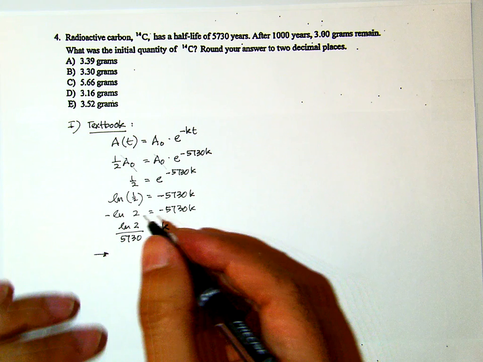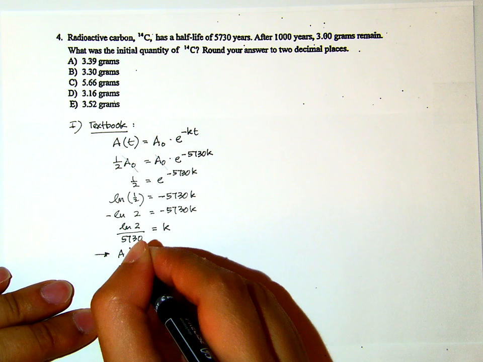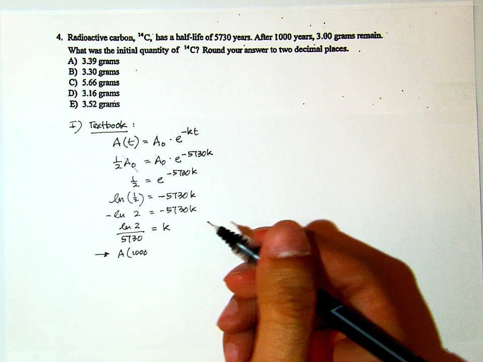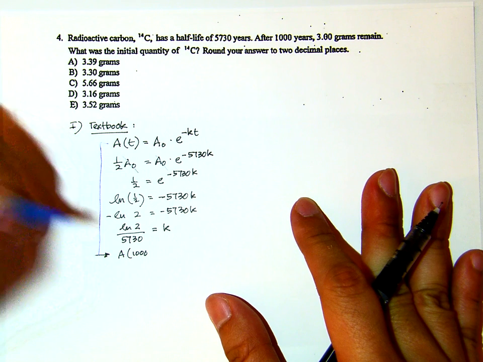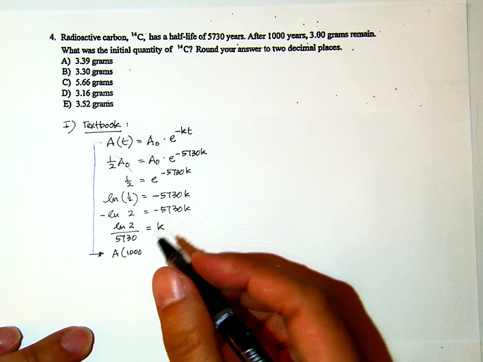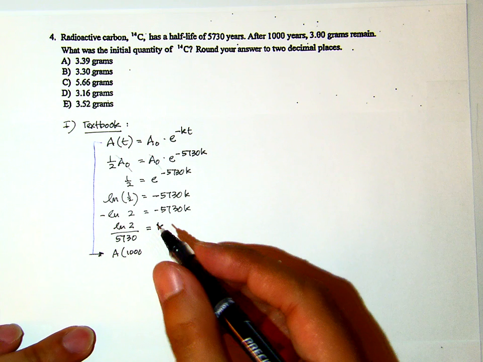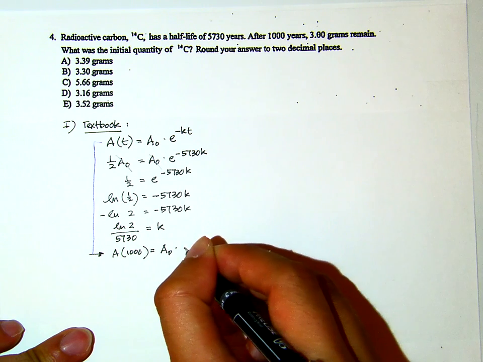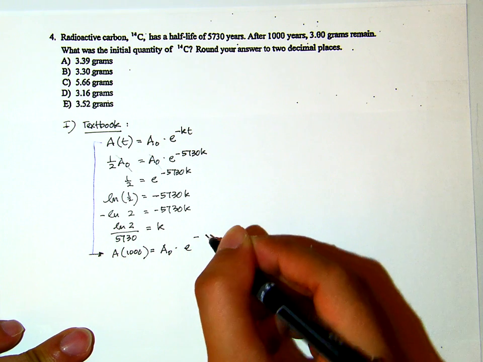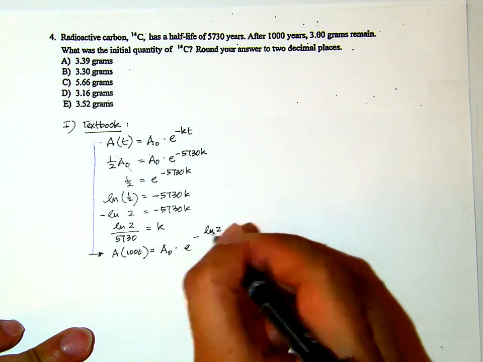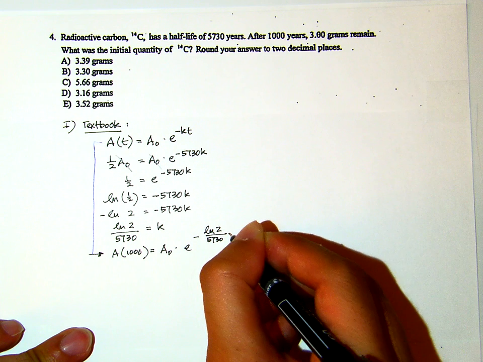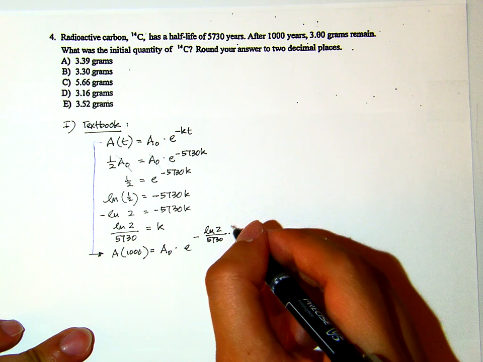After 1,000 years, so A of 1,000, let me point at that formula. This is what I'm doing. A of 1,000 equals initial amount times e to the power of negative k, which is ln2 over 5,730, times the time.